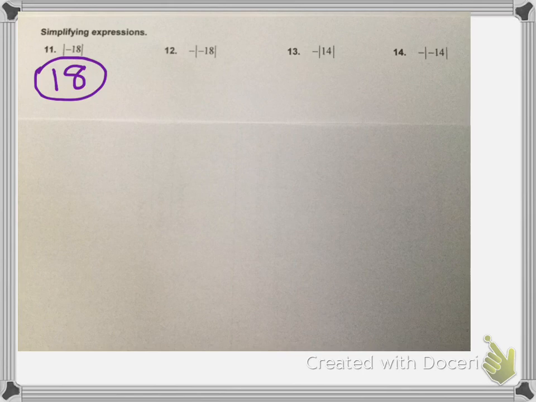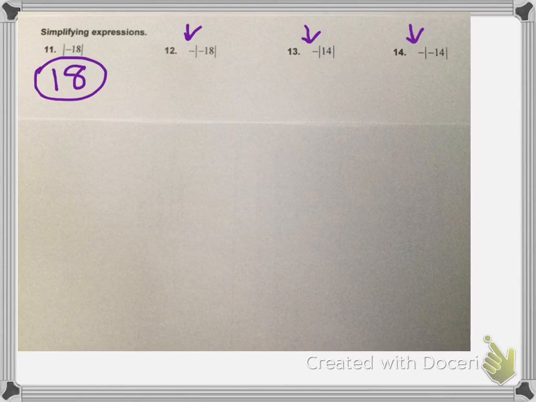Okay, on 12, 13, and 14, those are a little different. Notice you have a negative symbol in front of the absolute value symbol. So that's basically saying negative absolute value of negative 18. Negative absolute value of 14, negative absolute value of negative 14.